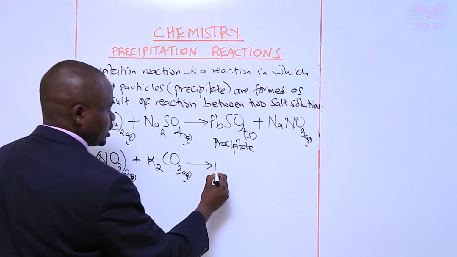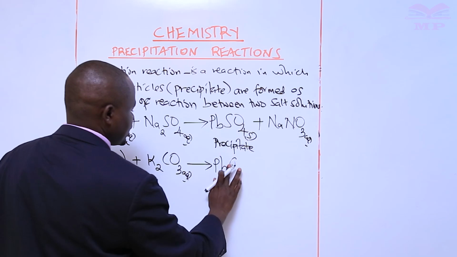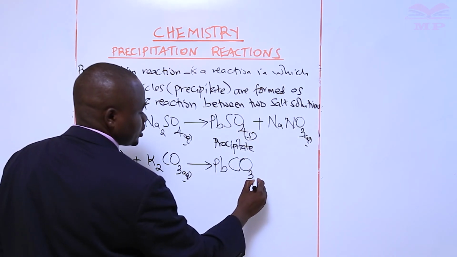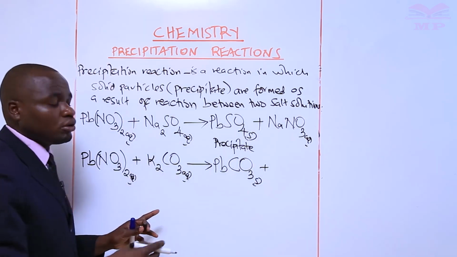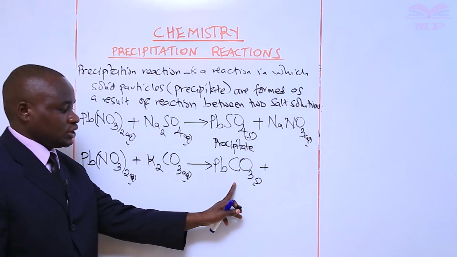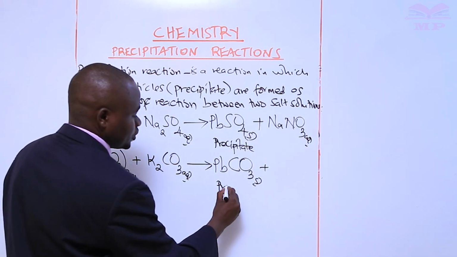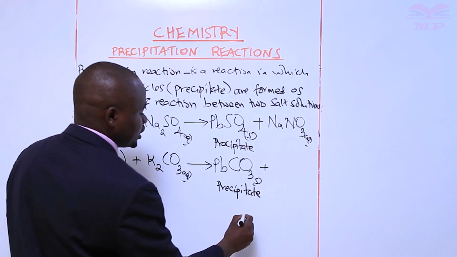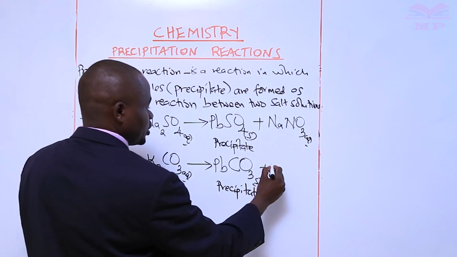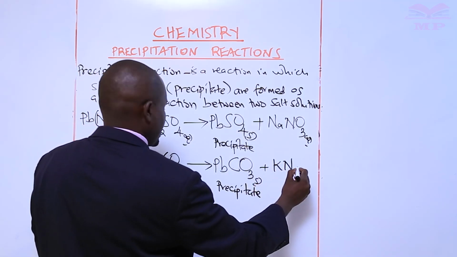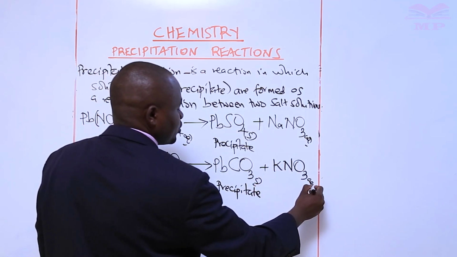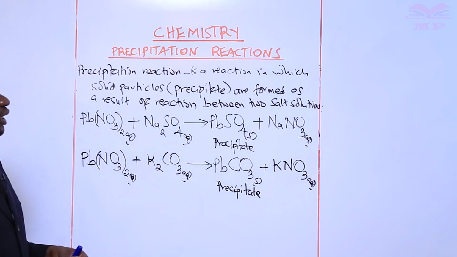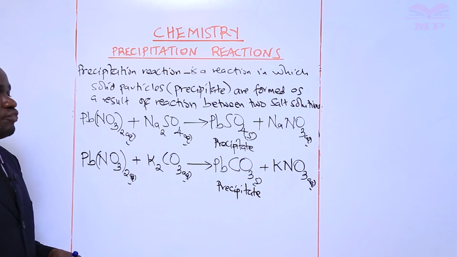We shall get lead carbonate, which is insoluble. So this will be our precipitate, the solid that will come out of that reaction. The other product will be potassium nitrate. So the two salt solutions react by exchanging their ions.